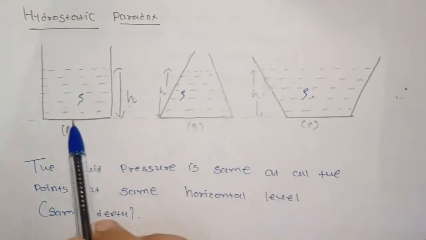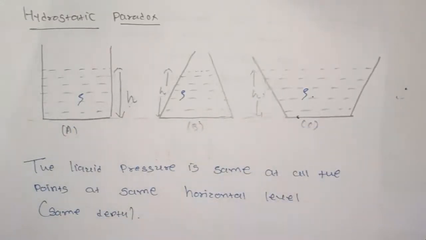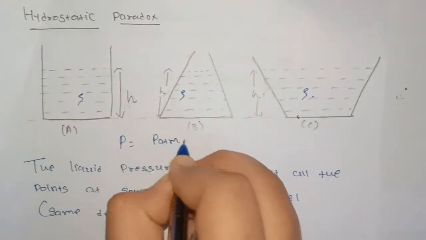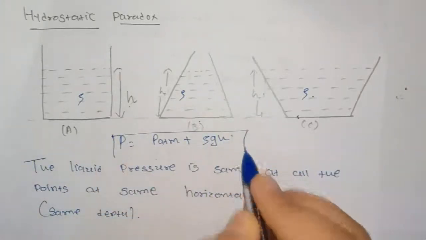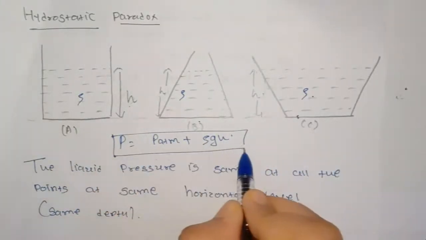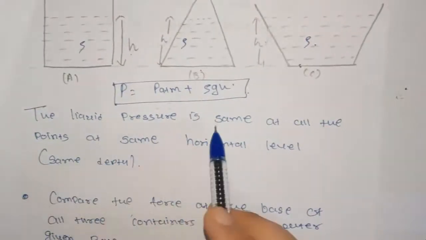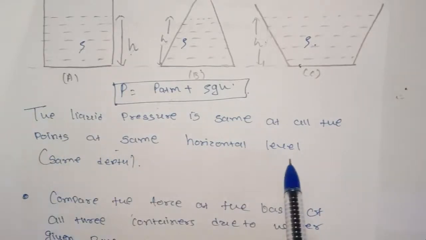Then the pressure at the bottom of all the 3 vessels will be equal to P atmospheric plus rho gh. So the hydrostatic paradox is that the liquid pressure is the same at all the points at the same horizontal level.